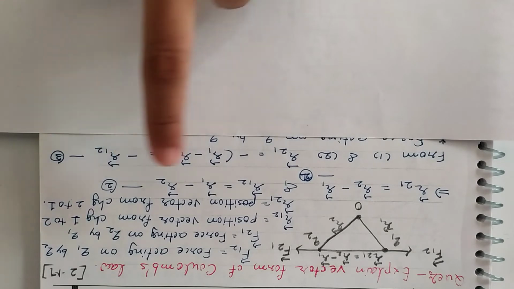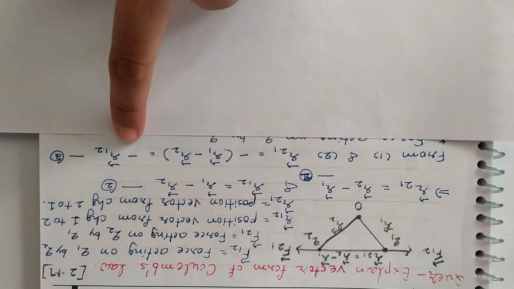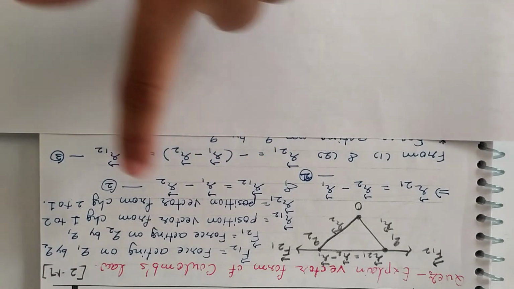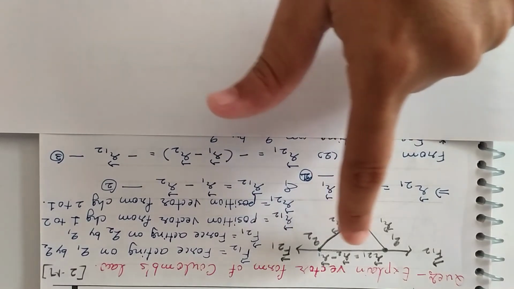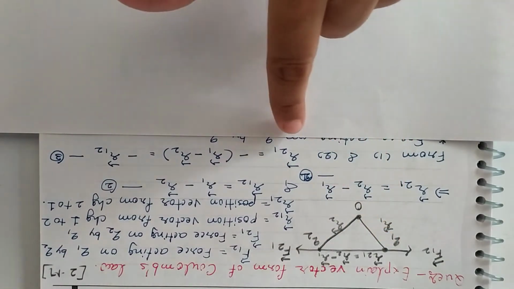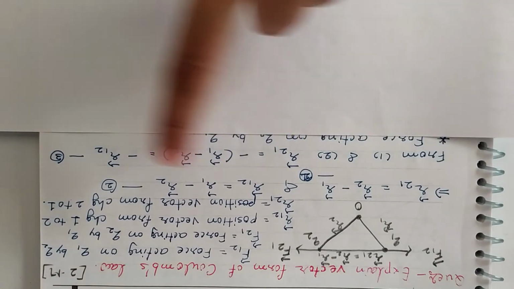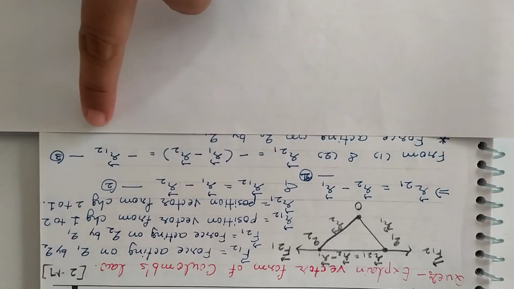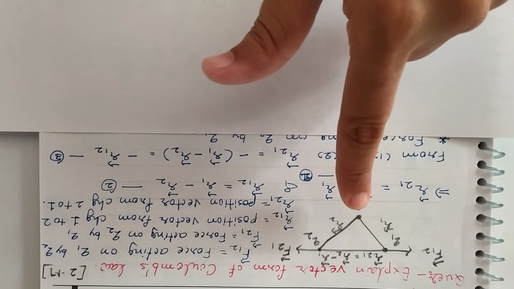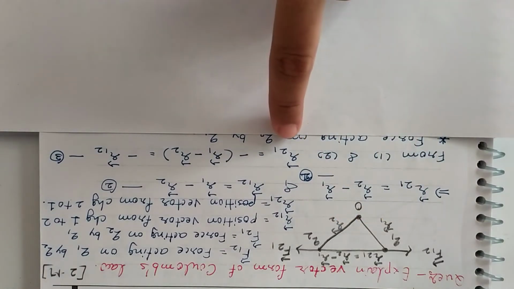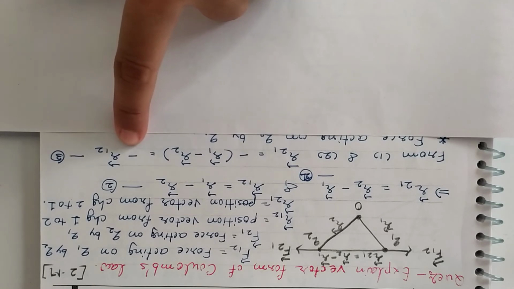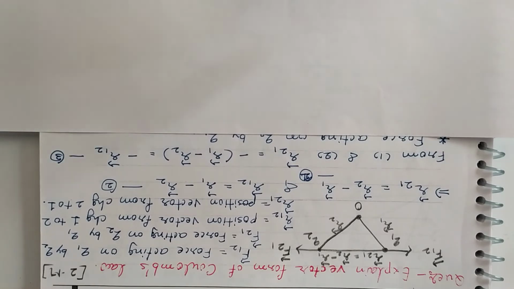So we can write R21 is equal to minus R12. It will be easily understandable from the diagram also. The directions of R21 and R12 are equal and opposite. This minus sign is just showing the opposite direction of the two position vectors.